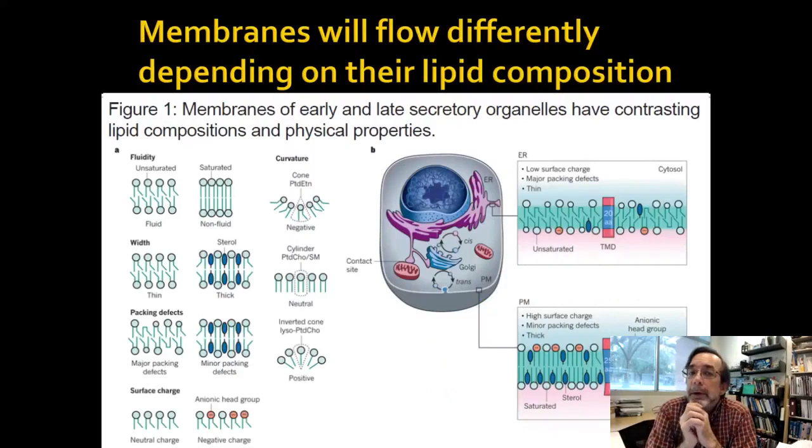And so membranes will flow differently depending on what lipids they have in them. This is a cool figure. Of course, the details are just too much to remember. But I want you to look at this from left to right. Start on the left and look at that fluidity part of it right there. You have unsaturated and saturated lipids, and the saturated ones are going to be more solid. The unsaturated ones are going to be more liquid.